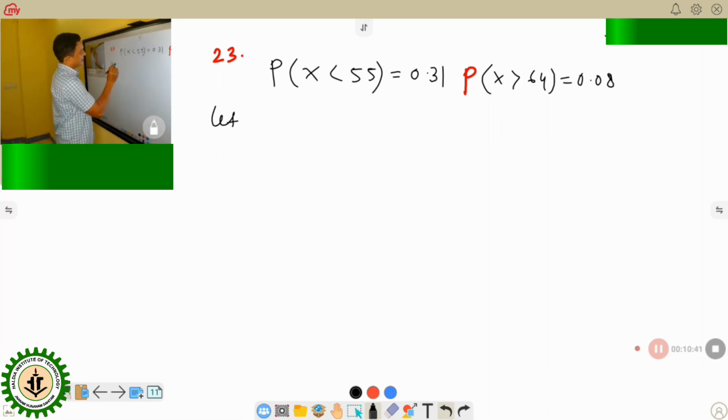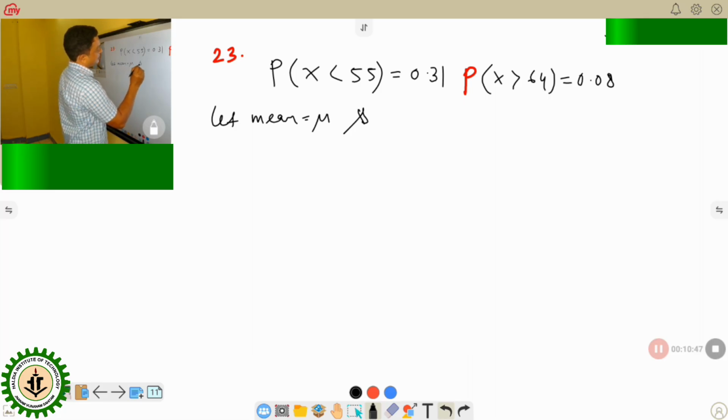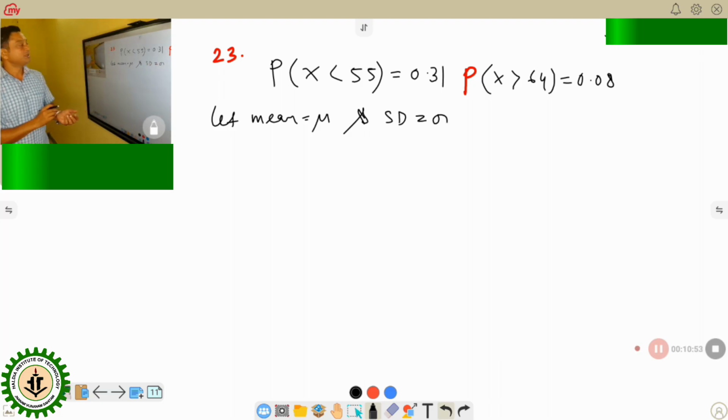Okay. Let mean equal mu and SD equal sigma. These are the two assumptions. Now we will transform these two equations from x to z. z equals (x minus mu) divided by sigma, that is the transformation from x to z.